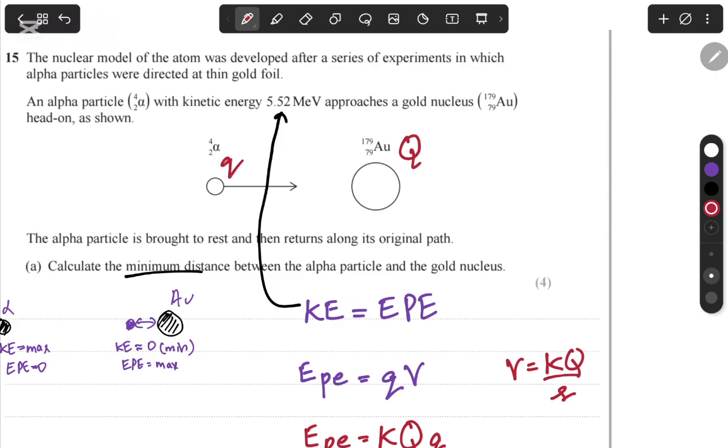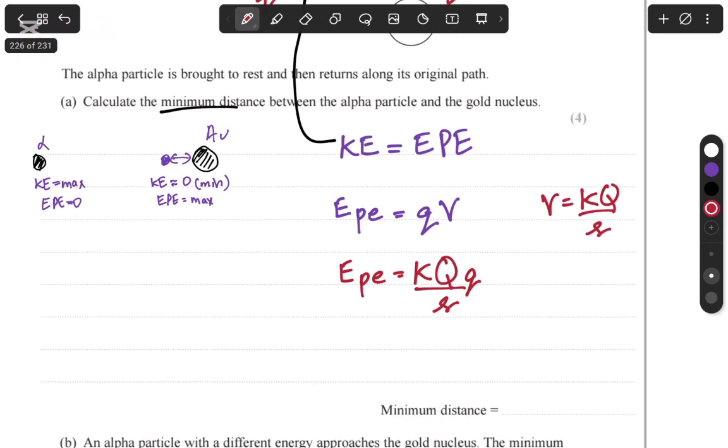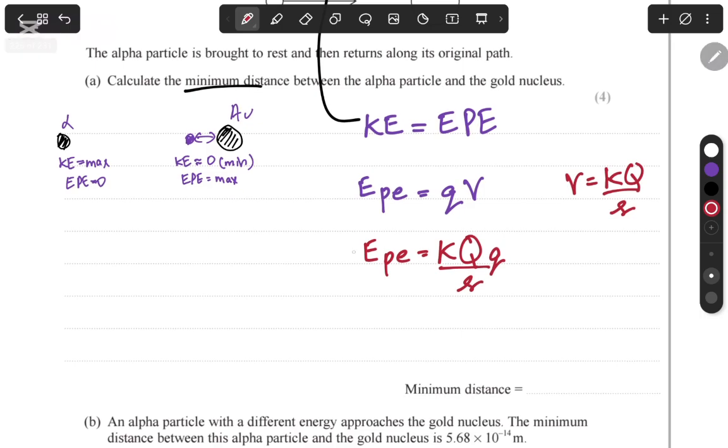The small q is a charge whose electric potential energy and kinetic energy are changing. So now we know that the electric potential energy at the minimum distance is going to be equal to the kinetic energy that was there initially.